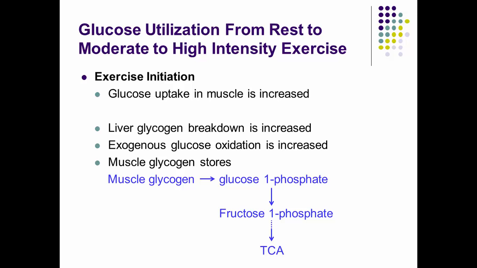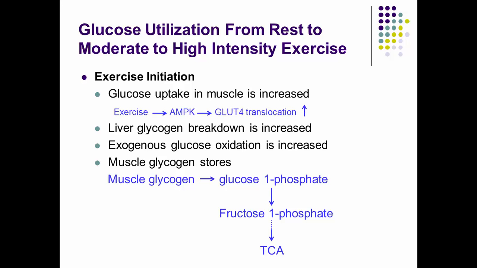Of glucose during exercise. So muscle glycogen is different from the liver glycogen. The muscle glycogen breaks down to glucose 1-phosphate and fructose 1-phosphate and directly enters the TCA cycle for oxidation within the muscle cells, right? It's not going to be released into circulation, right?